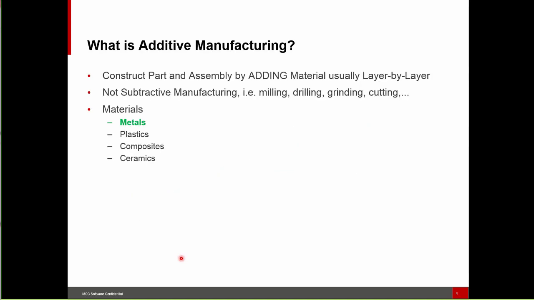So I think most of the people on the call probably are aware of additive manufacturing, but we'll just do a quick summary. What is it? It's constructing parts and assemblies by adding material, usually on a layer-by-layer basis, and that differentiates it from conventional manufacturing, or sometimes called subtractive manufacturing, where we take a block of material, a cylinder of material, and we mill it and drill it and grind it, and we end up leaving material on the shop floor.